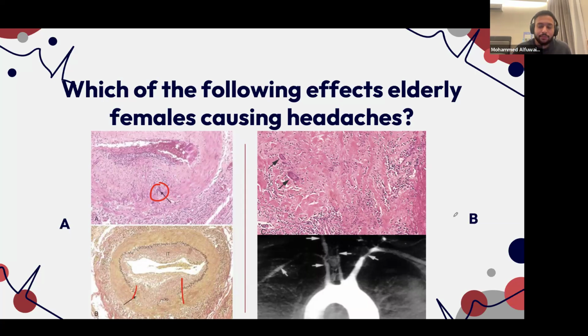Now, what is B? Takayasu arteritis. Excellent. Typically present in younger females. The epidemiology is always mentioned as young Asian females, and it involves the proximal aorta, or the proximal aortic vessels.